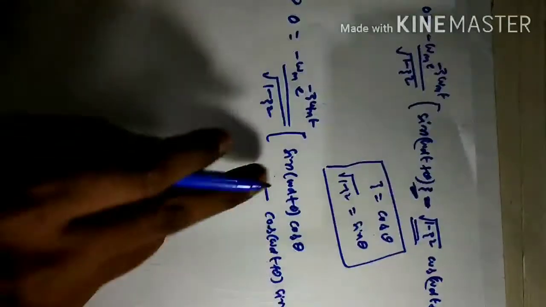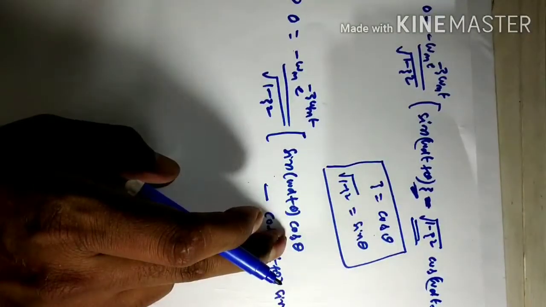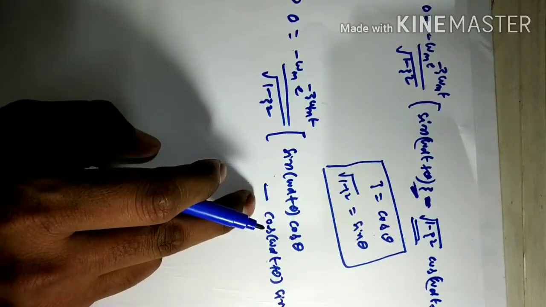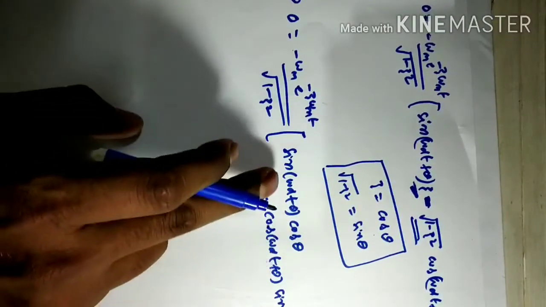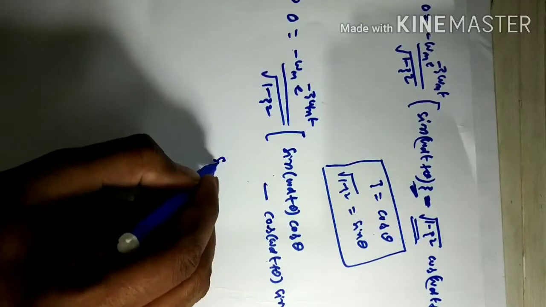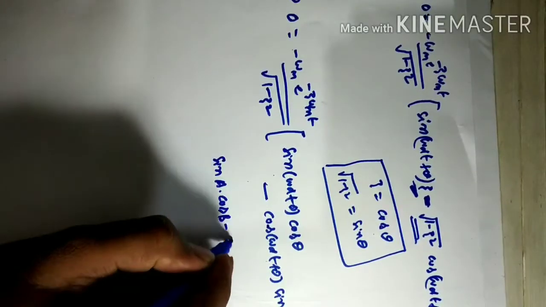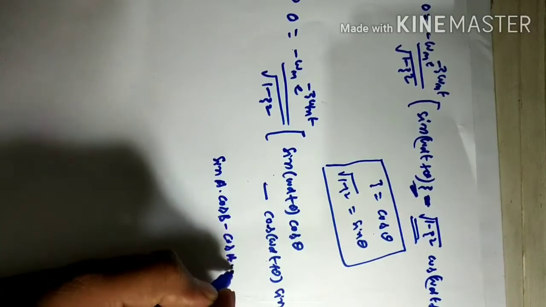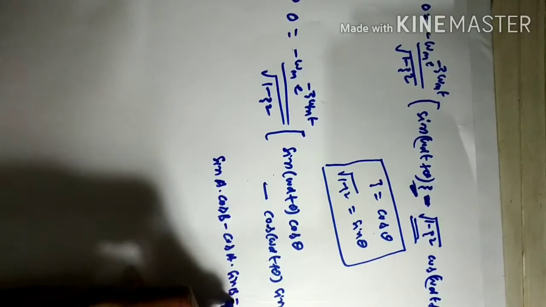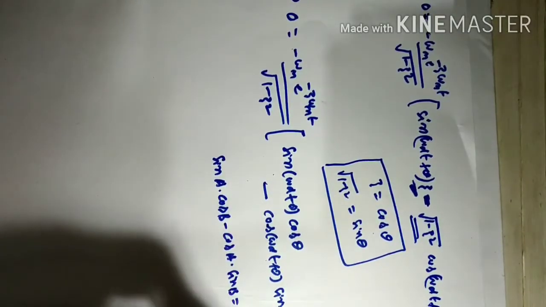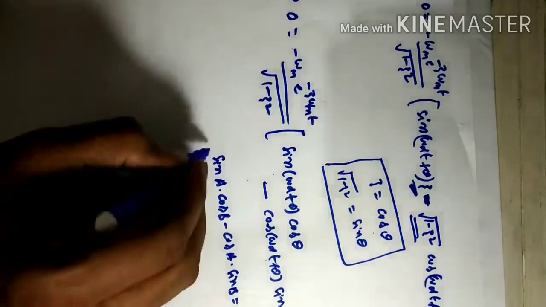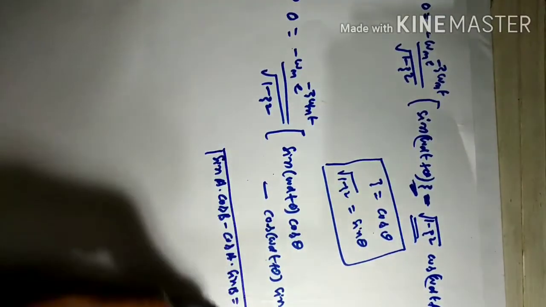So we have a formula: sin a into cos b minus cos a into sin b is equal to sin a minus b. So you have to apply this formula.